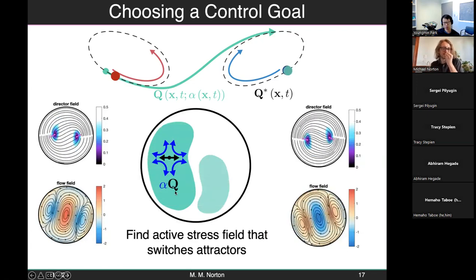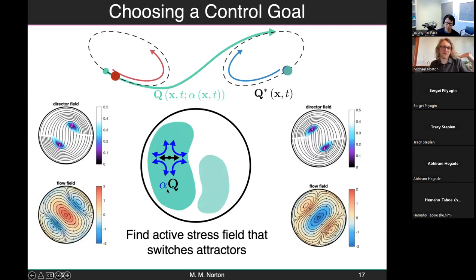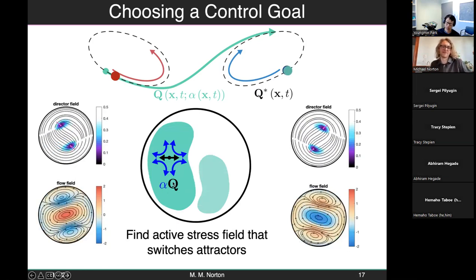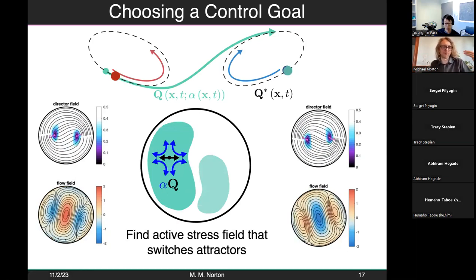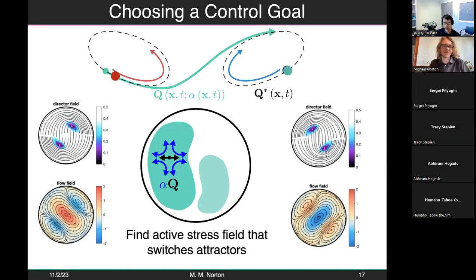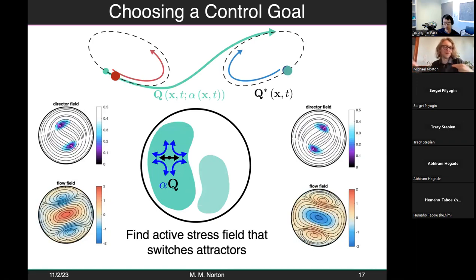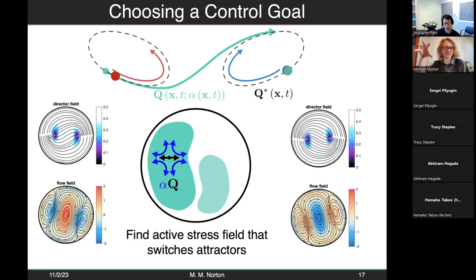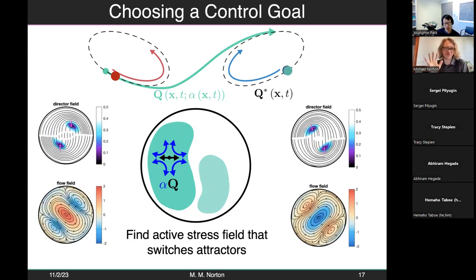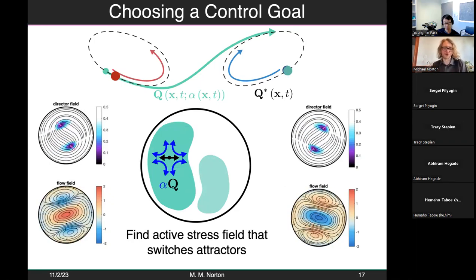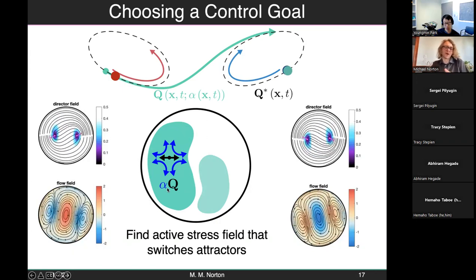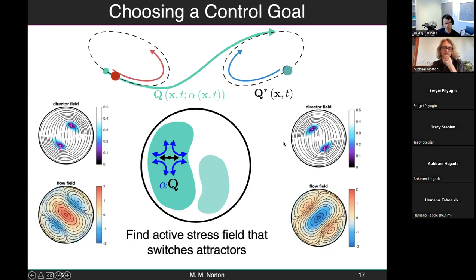Okay. And so, I want to try to find that alpha, that active stress. This is a proxy for the light. It's maybe not exactly a one-to-one mapping to the light intensity that's being applied to the system, but it's a first order approximation. So I want to find an alpha that varies in space and time that gets me from one to the other.